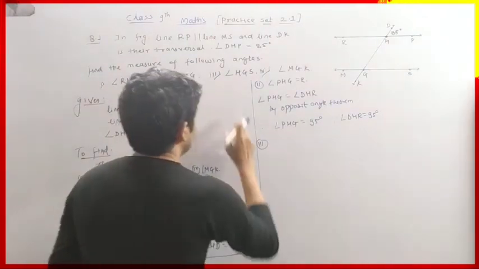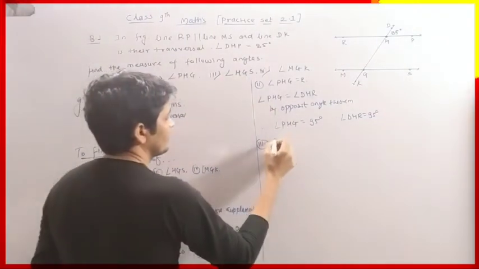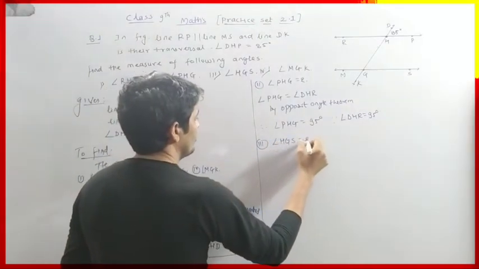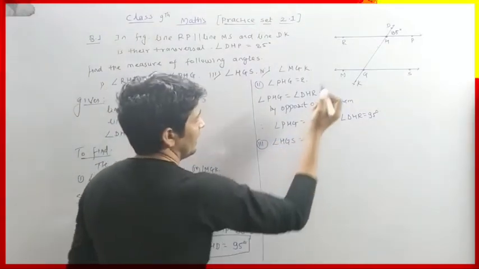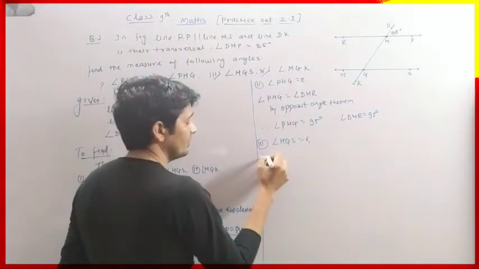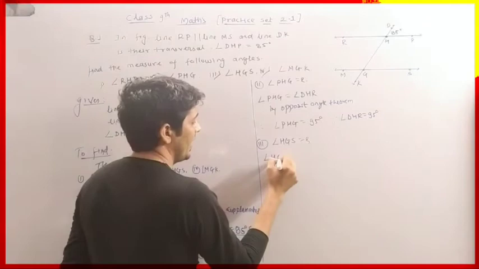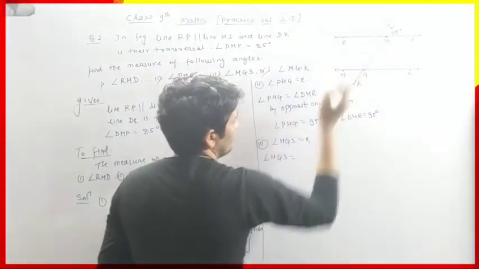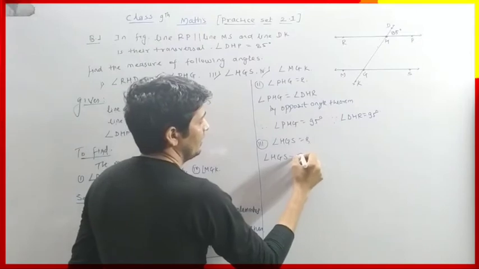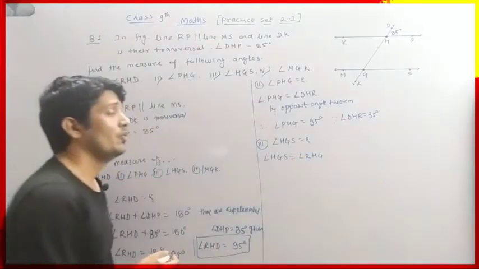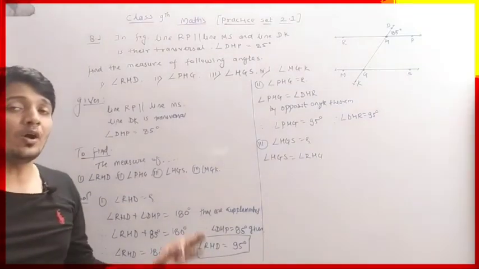The third one is angle HGS. Angle HGS equals question mark. Which one? Angle HGS. So see, this angle is equal to this angle, so we have to write angle RHG. Which theorem is going to apply on this part?